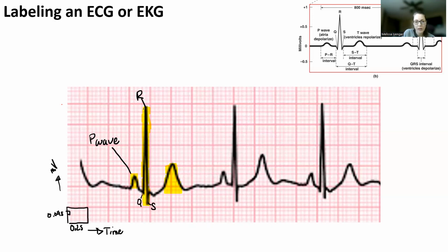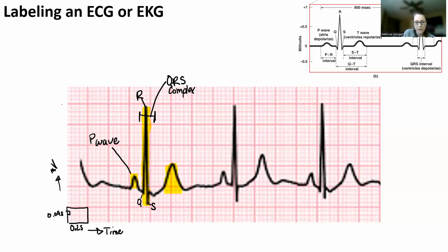This whole area from the Q to the S is called the QRS complex, or the QRS interval. We're just going to label some stuff, and then we'll talk about what's happening in terms of our electrical message in each of these areas.